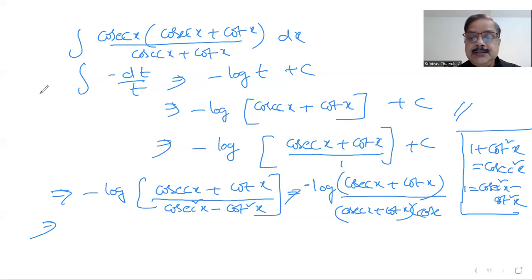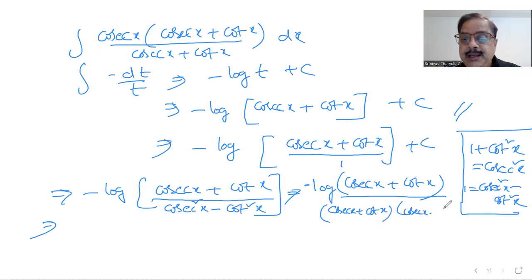I'll write it clearly so that you will understand it: cosecant x plus cot x, cosecant x minus cot x. See this, a plus b, a minus b, this formula. This and this cancel. So now what are we left with? Minus log 1 over cosecant x minus cot x.